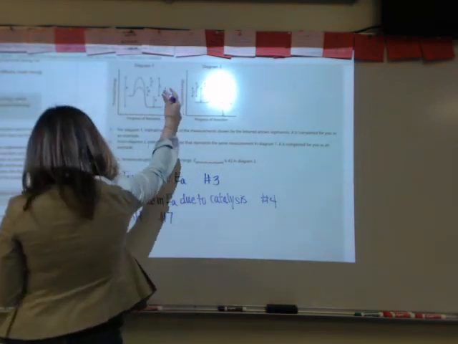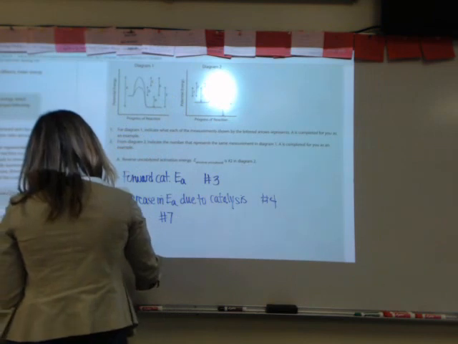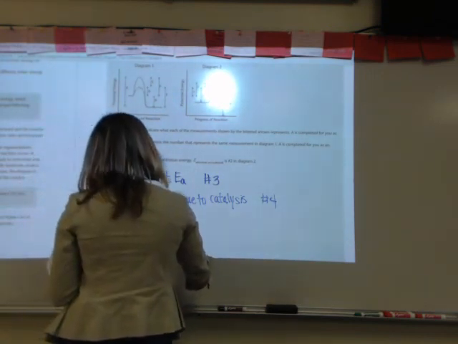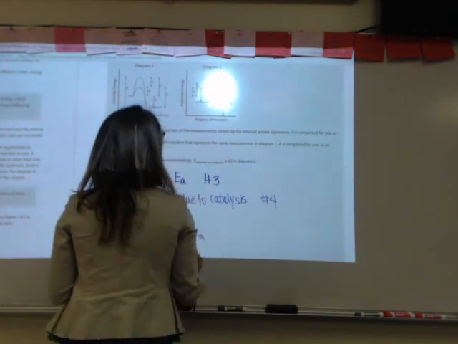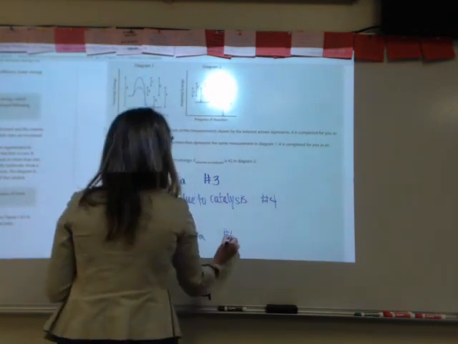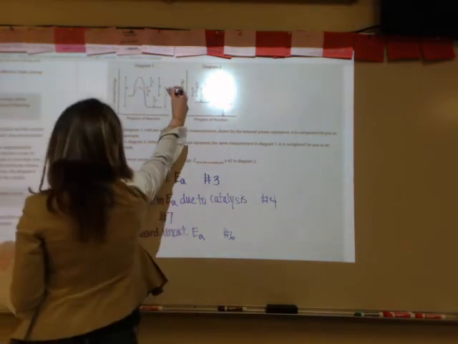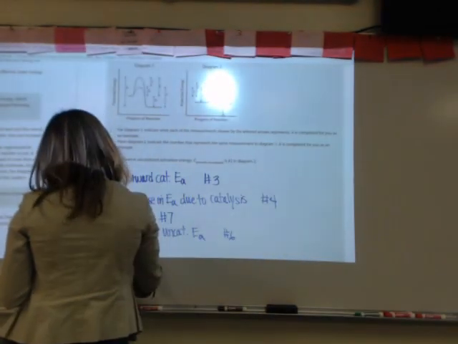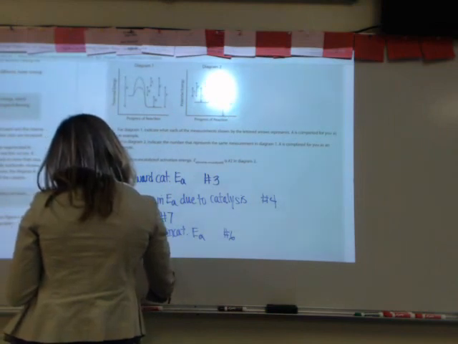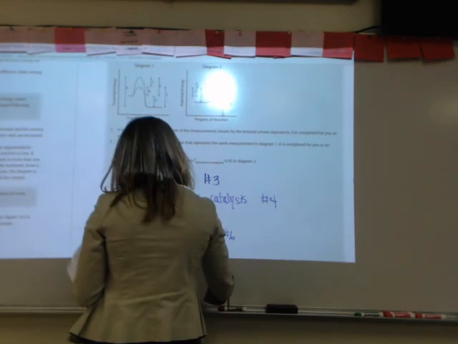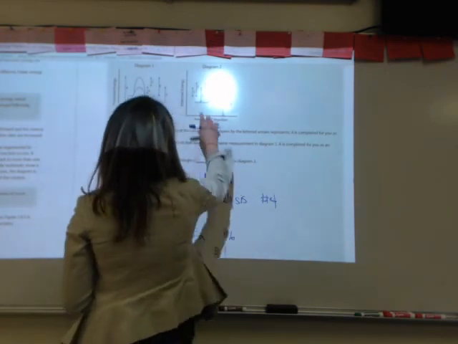E here is the forward uncatalyzed activation energy, which is the same as item number 6 in diagram 2. F here is the reverse catalyzed activation energy, which is the same as item number 1.